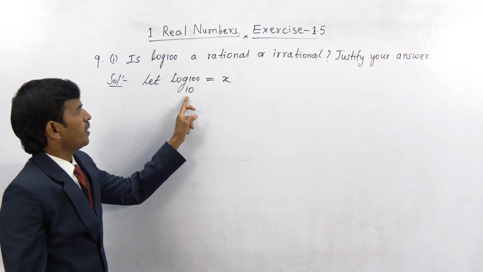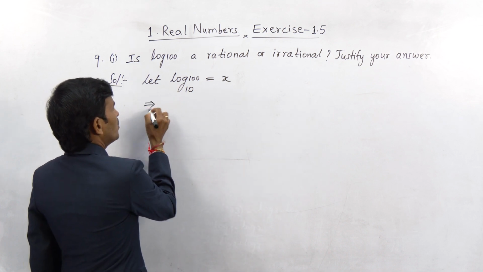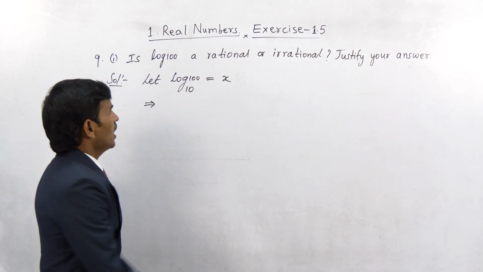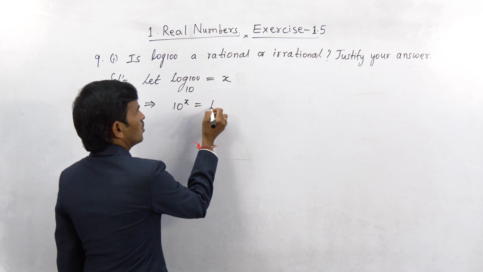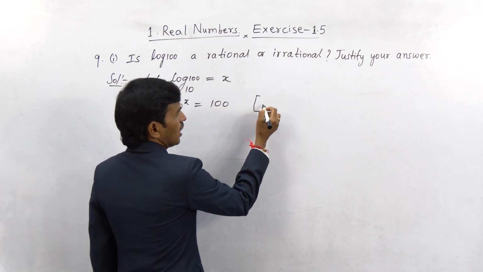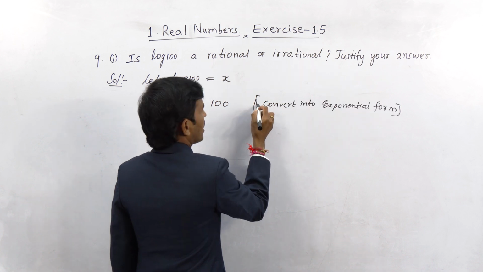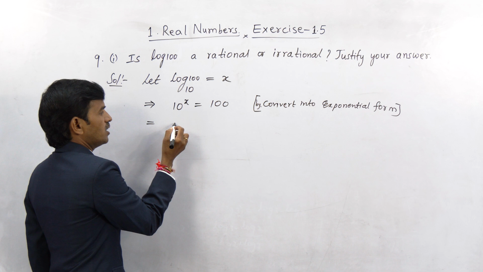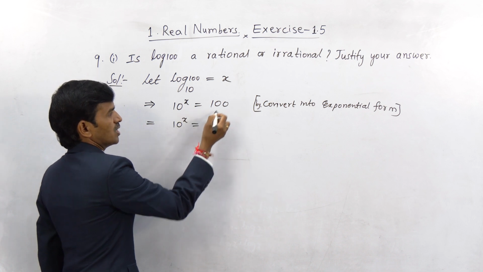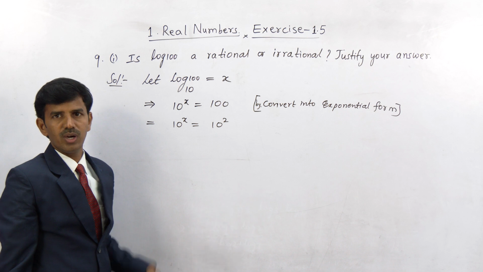Log 100 to the base 10 is equal to x. Then convert into its exponential form. So that is 10 power x is equal to 100. By converting into exponential form, what does it become here? 10 power x is equal to 10 square. 100 can be written as 10 square.